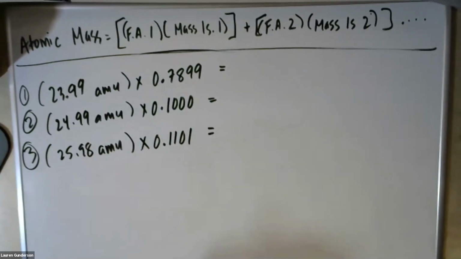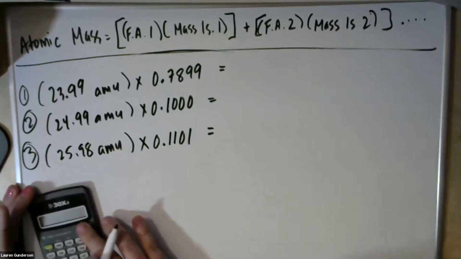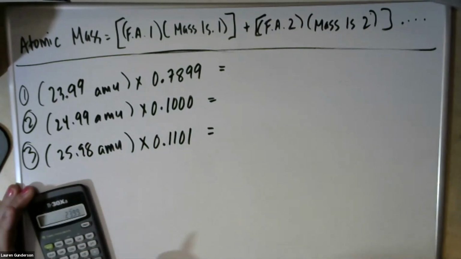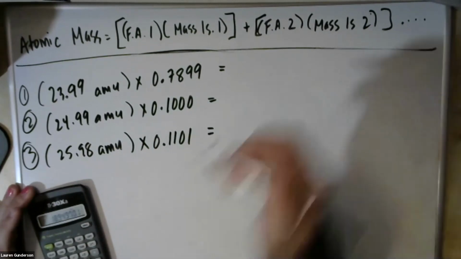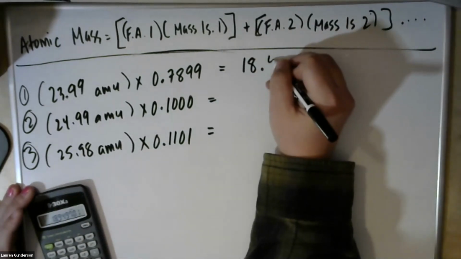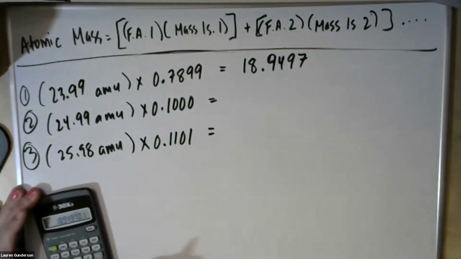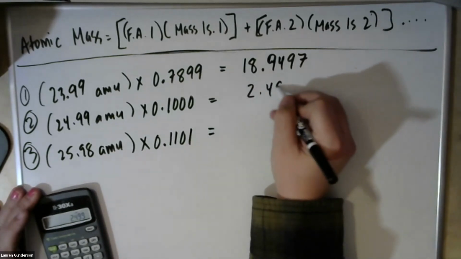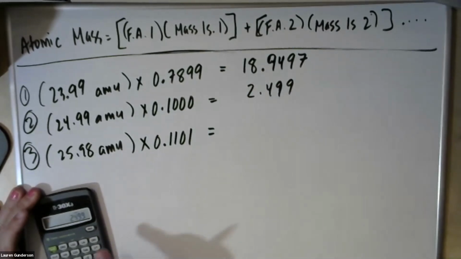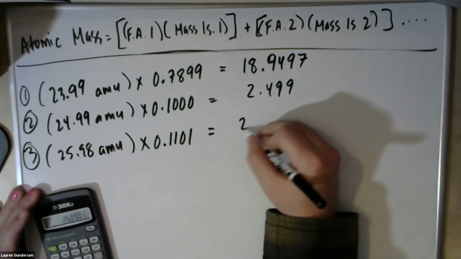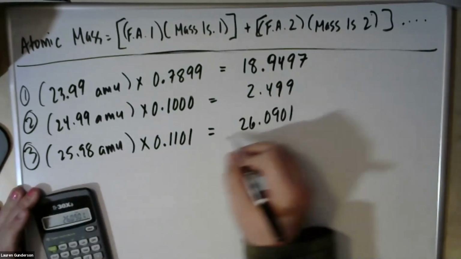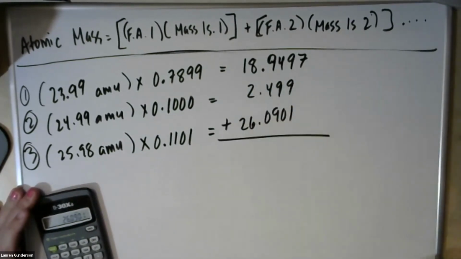So I can take the mass values and multiply them by the fractional abundance, and write out the corresponding values this way. Okay, and when I get these values, I'm going to add them together.